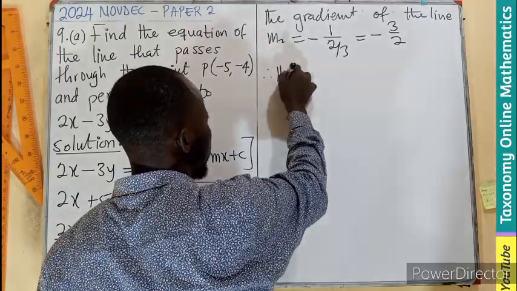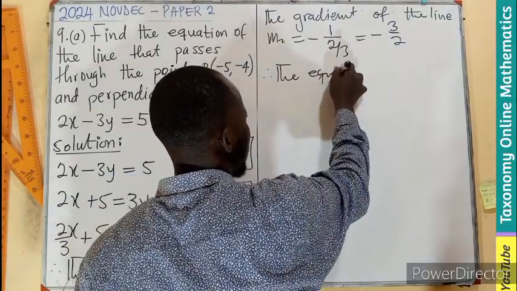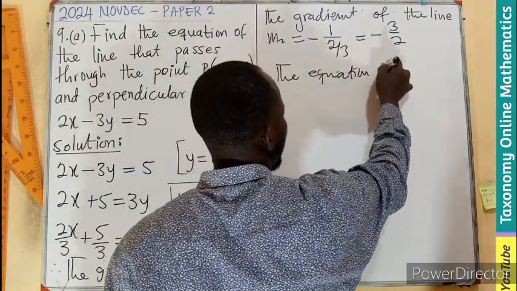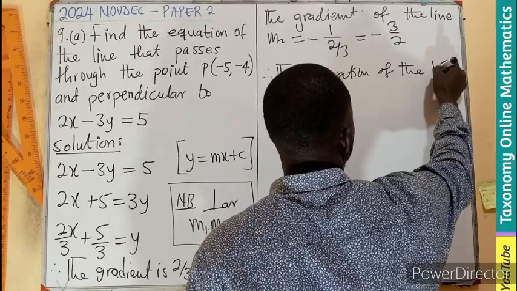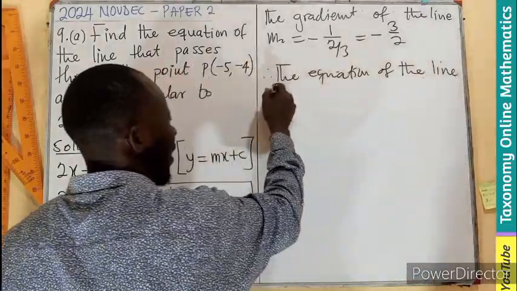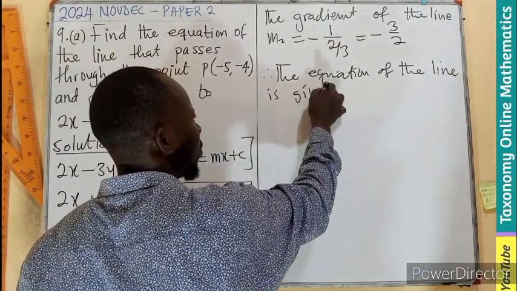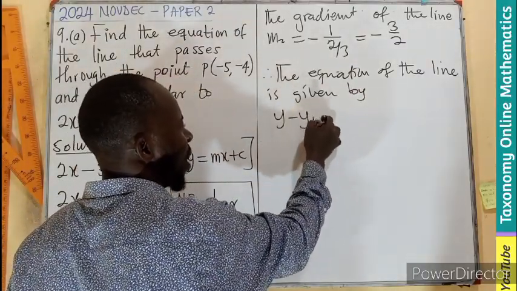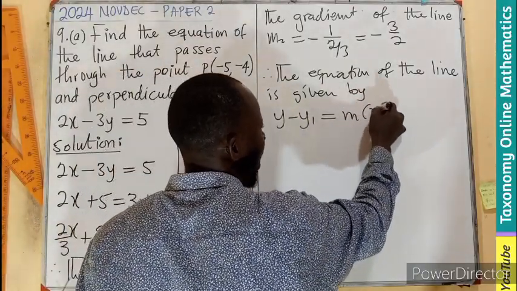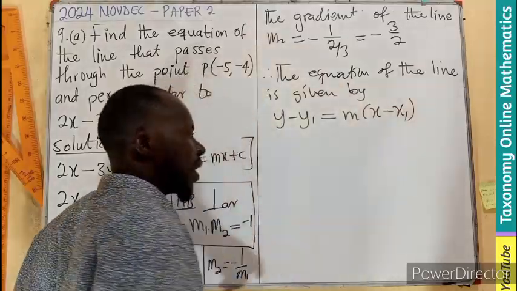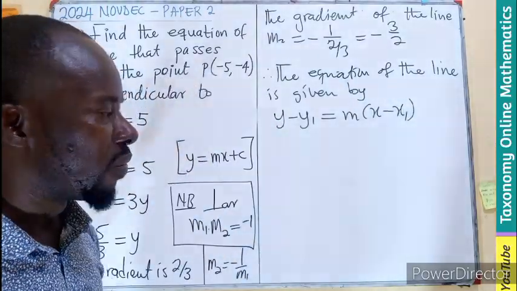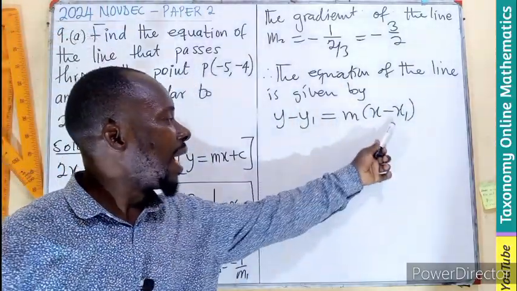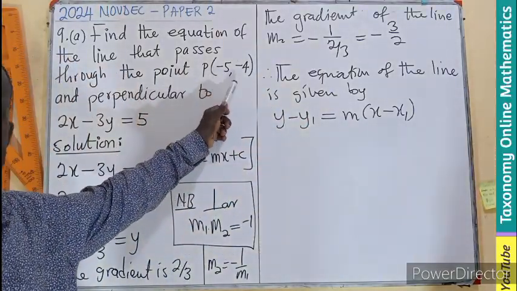So therefore, the equation of the line is given by y minus y1 equals m times x minus x1, where we know what the m is, what we found. The y1 and the x1 are the points that we have here.